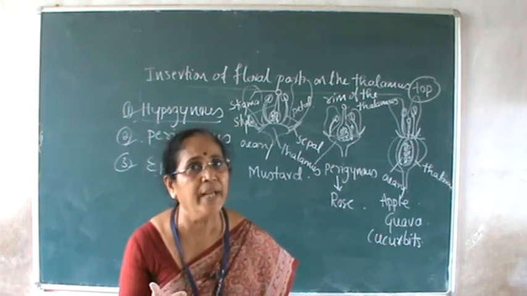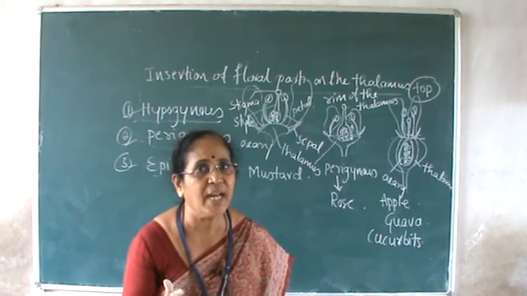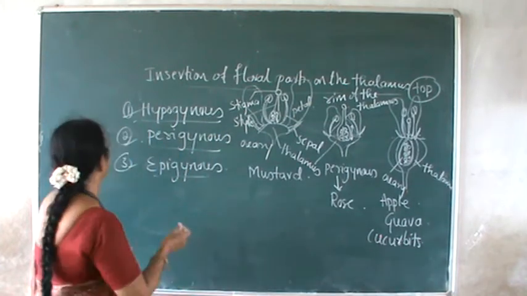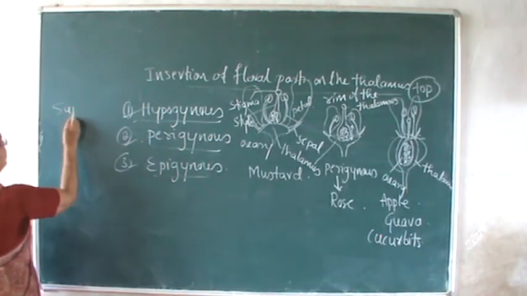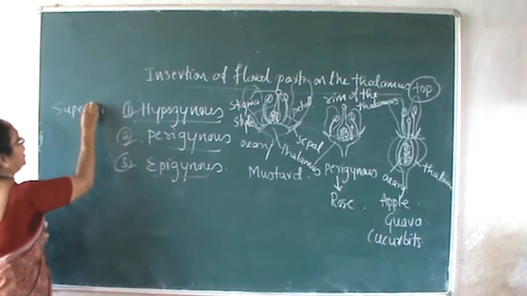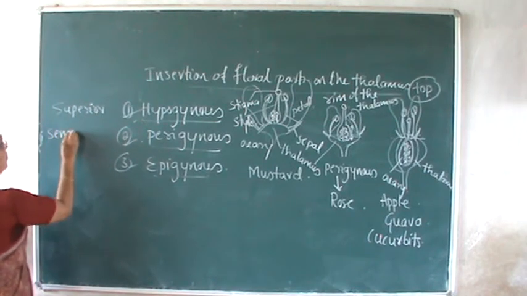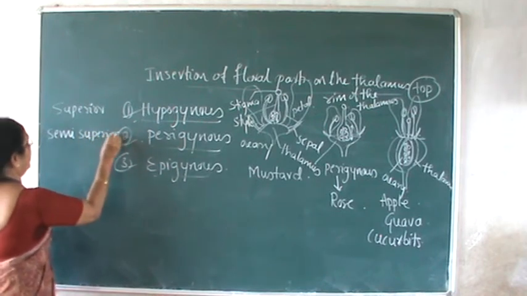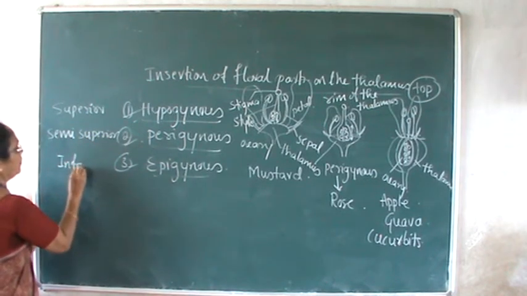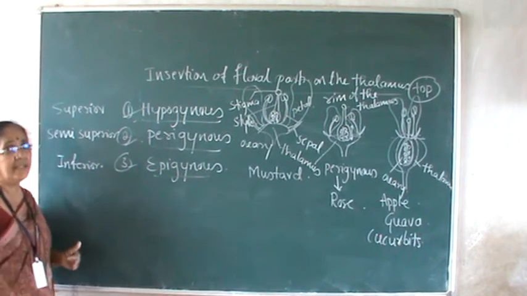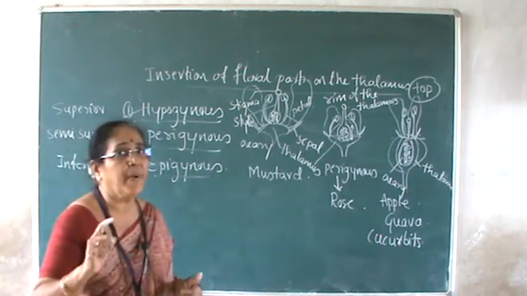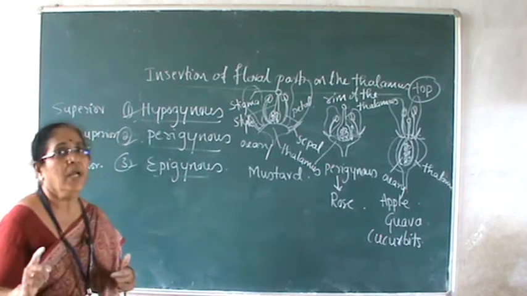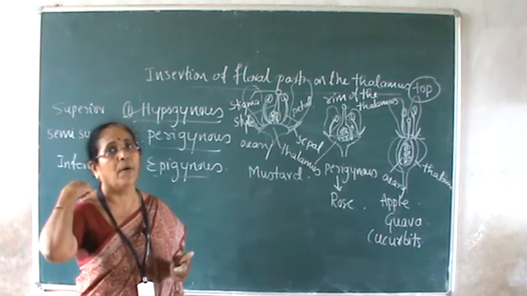In the gynoecium, the ovary, you have to describe whether the ovary is superior, semi-superior, or inferior. These are the 3 cases. Use these terms when you are explaining the ovary of the flower.